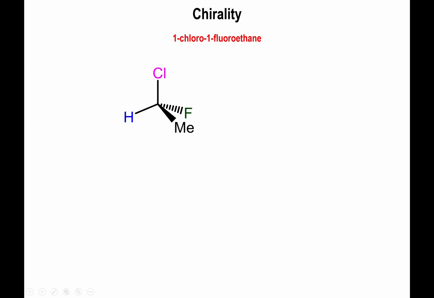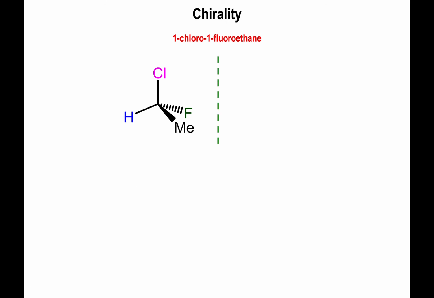When you have an organic molecule, sometimes the following can take place. Notice that the positions in this molecule, 1-chloro-1-fluoroethane, of the methyl group, the fluoro group, the chloro group, and for that matter, the hydrogen group, are technically set in place.